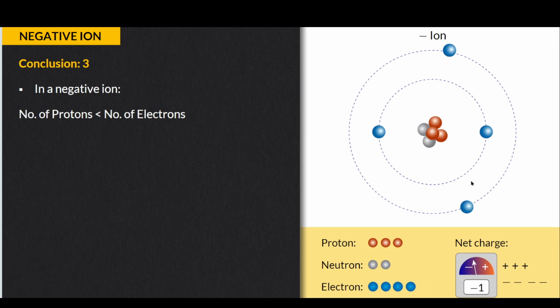That means this atom has gained one from some other atom. So it has 4 negative charges and 3 positive charges. So the net charge is negative 4 plus 3, which is negative 1, right? So negative 1 means this is a negative ion, because it has more negative charge, which is more electrons than protons. So when an atom gains an extra electron or more than one extra electron, it becomes a negative ion, because electron is negatively charged and gaining electrons means gaining more negative charge.